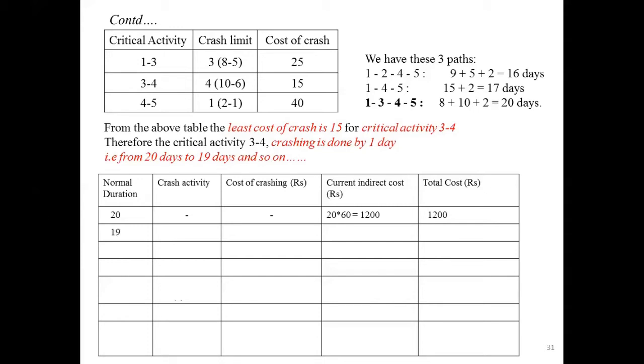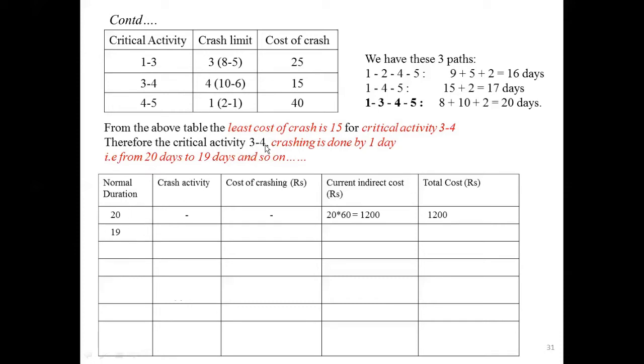That is, if it doesn't crash any of these activities, then you have to pay 1200 rupees. Since there is a possibility of crashing these three activities, out of these three, the least cost of crashing is 15, corresponding activity is 3 to 4, and hence we will reduce by 1 day, that is from 20 days to 19 days.